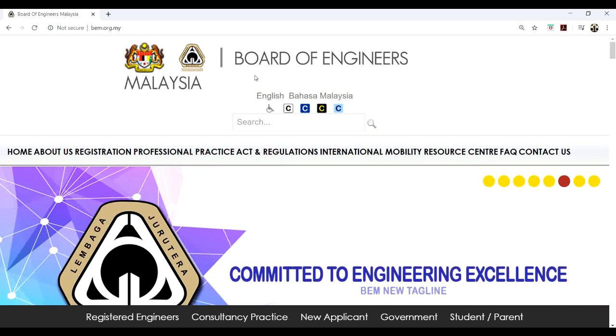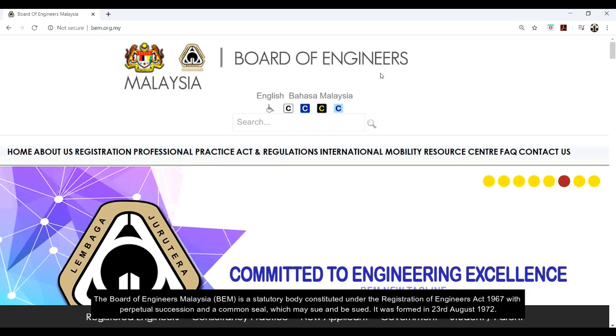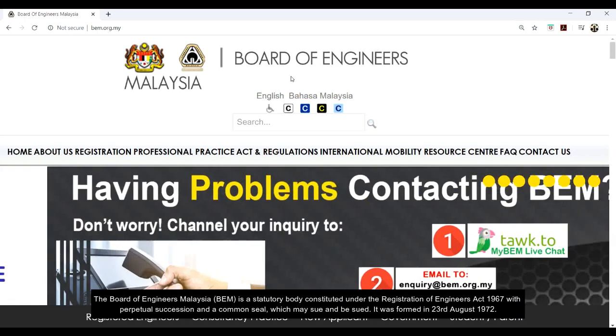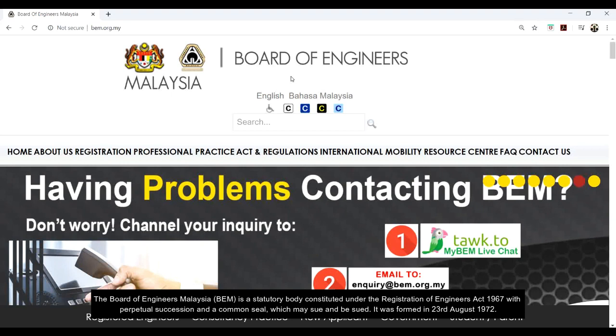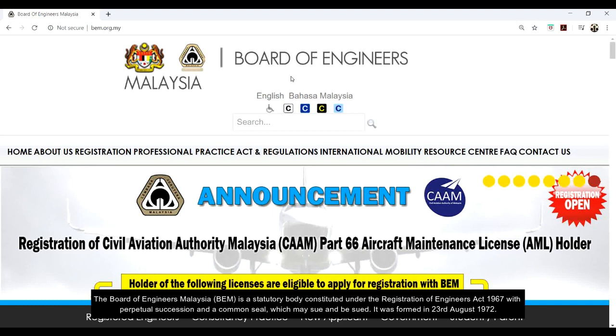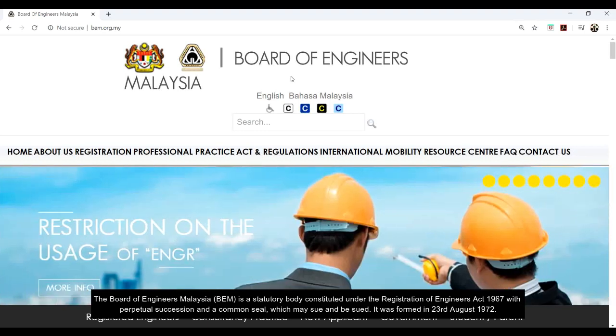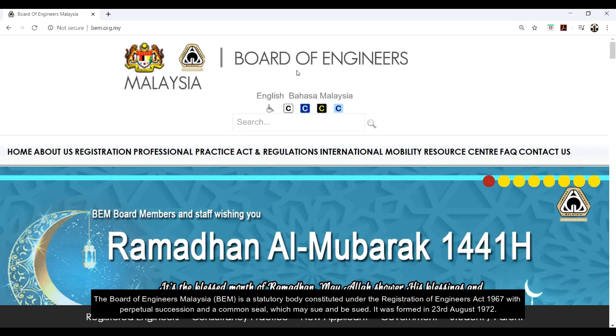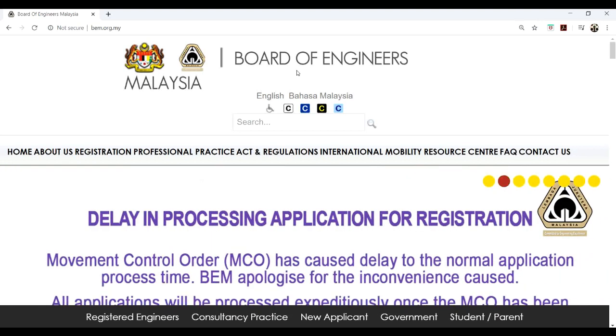For your information, the Board of Engineers Malaysia (BEM) is a statutory body constituted under the Registration of Engineers Act 1967 with perpetual succession and a common seal which may sue and be sued. It was formed on 23 August 1972.